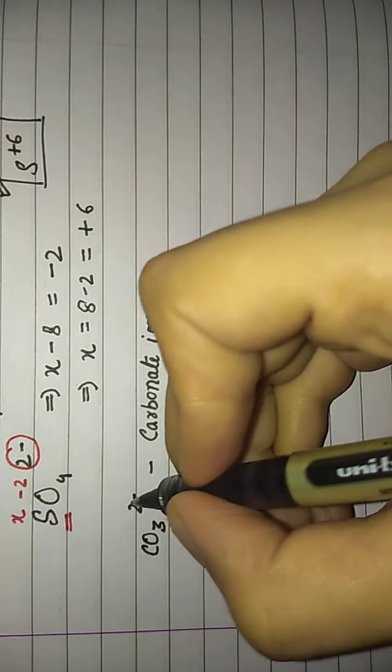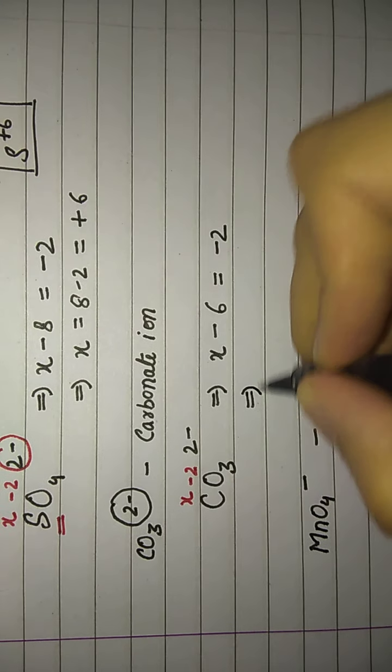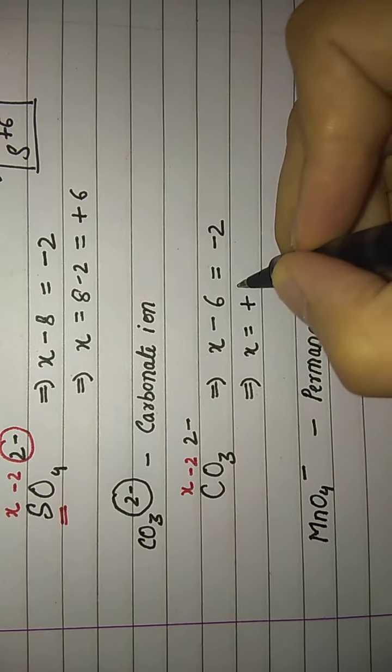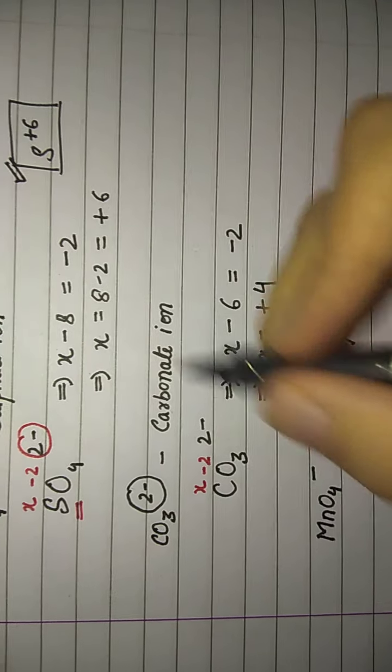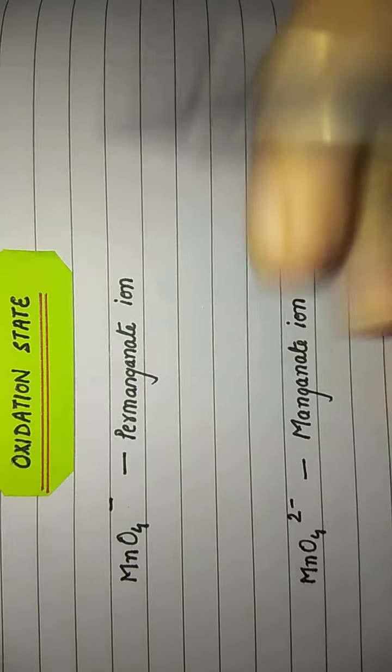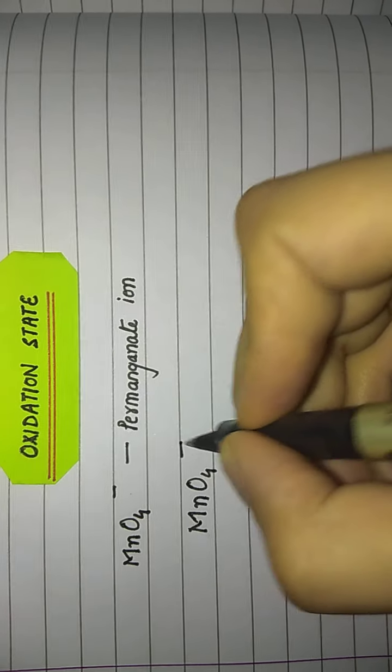Net charge over carbonate ion is -2. So X will be equal to +4. So the oxidation state of carbon in carbonate ion is +4. Coming to the next example, permanganate ion, MnO4 minus. So the net charge over permanganate ion is -1.